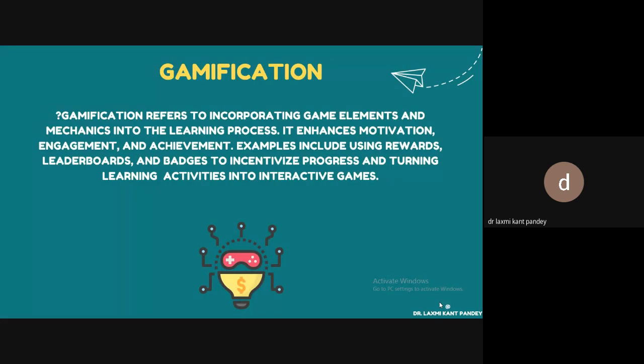You can also set a certain task to complete, and after completion of those tasks, the students may be rewarded with badges or reward points. Because of that, you can create interest among the students for the topic and for other topics also. So this is called gamification. It is also a very important method. Next.